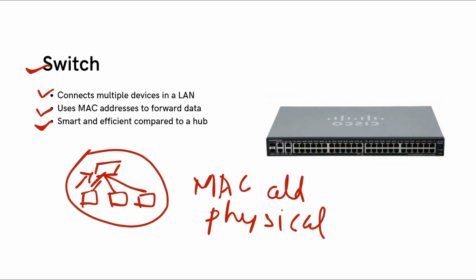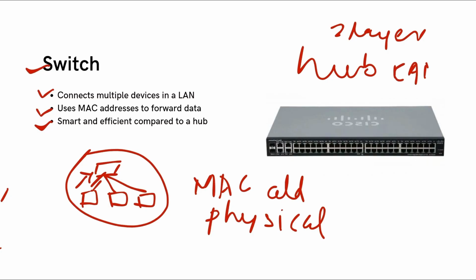As compared to a hub, it is more intelligent and efficient. It works at layer 2 of the OSI model, and it maintains the MAC address table, which is also known as the CAM table, content addressable memory table. In my previous video, I already covered the CAM table and switch forwarding. You can check it out.